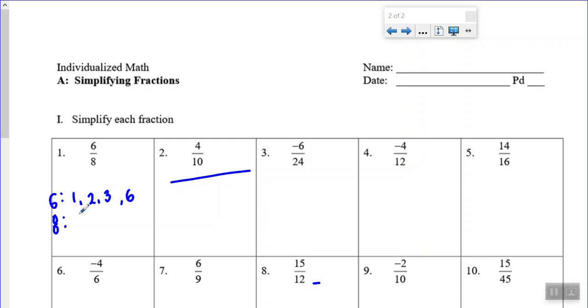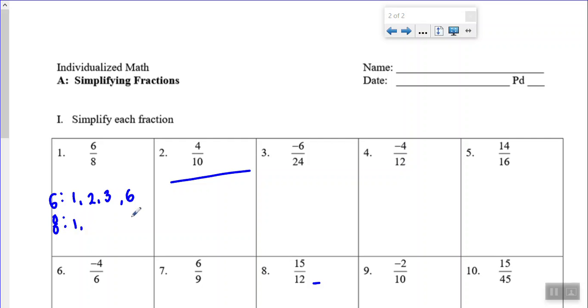You can also use your calculator if you are not sure if 2 is a factor of 6. You can divide 6 by 2, and if you get a whole number, which is 3, it is a factor. Sometimes you will get decimal numbers. If you get a decimal number, that means the number you divide by is not a factor.